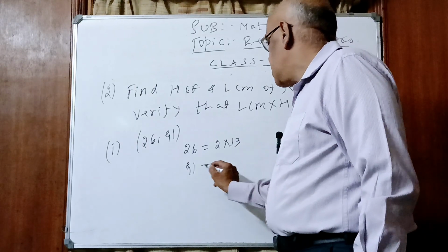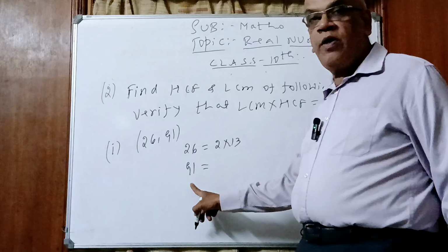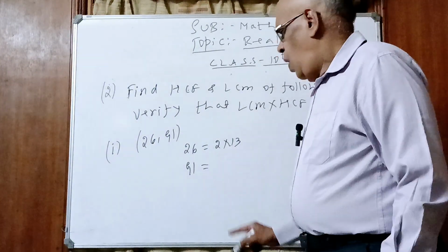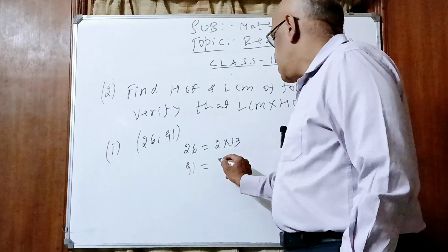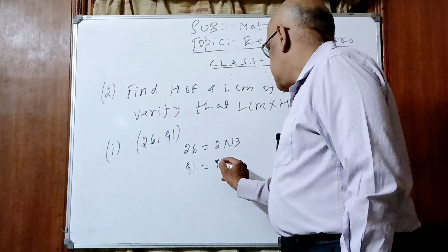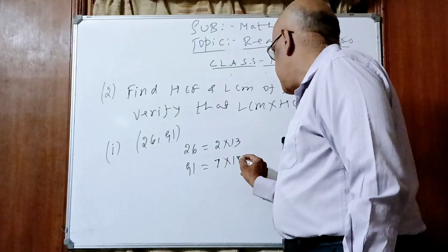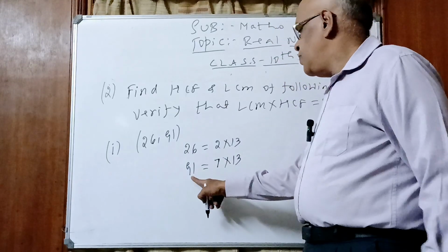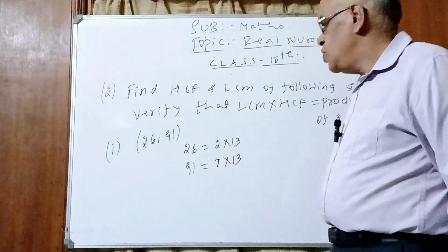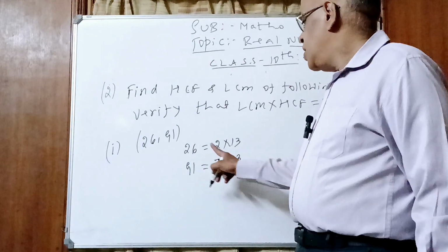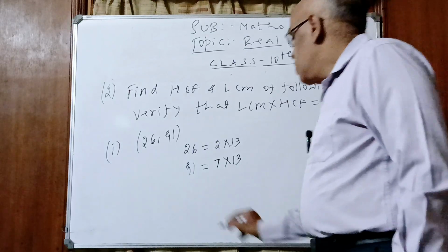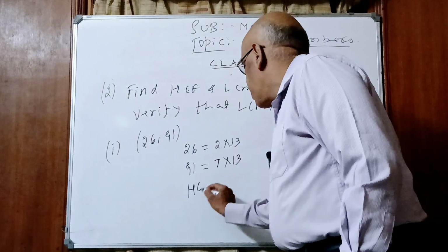It stops because it is a prime number. 91 is not divisible by 2. 7 13s are 91. So the factors of 26 are 2 and 13. Factors of 91 are 7 into 13.